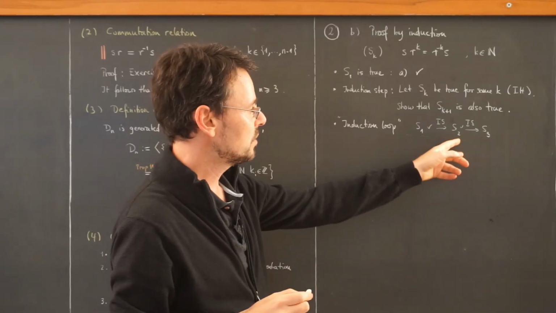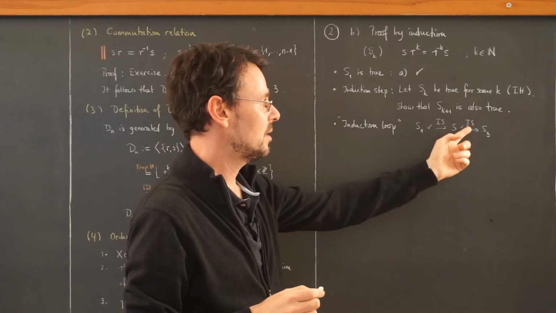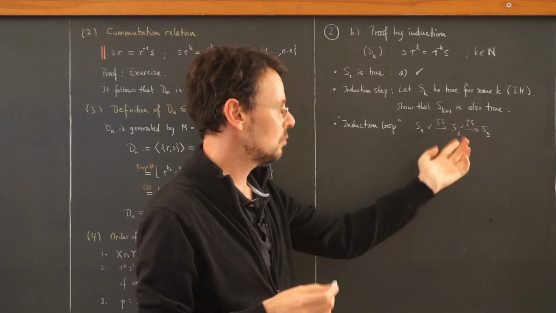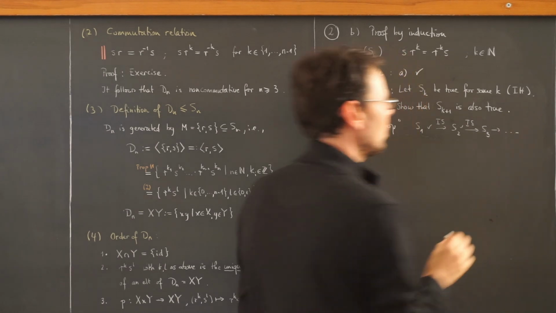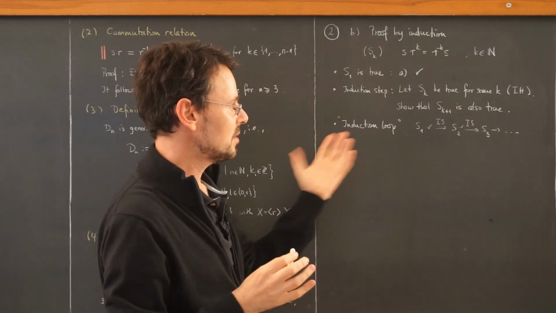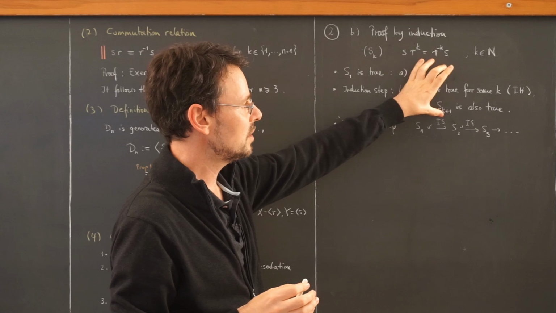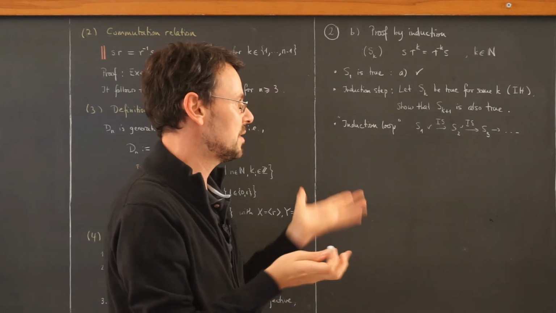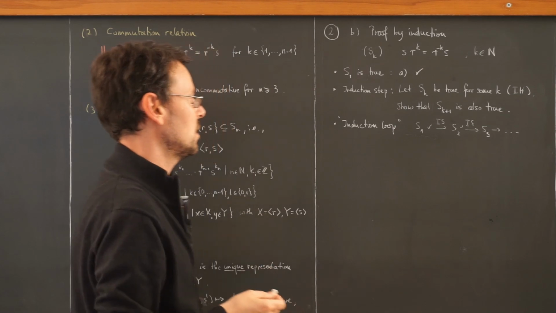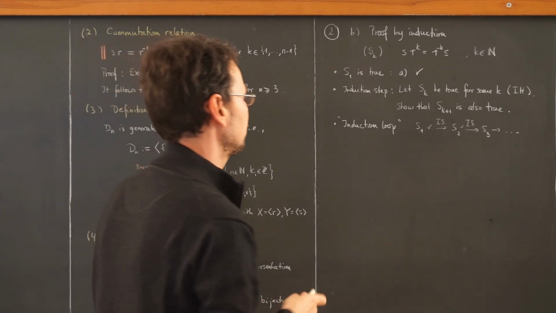Now, if S2 is true, then again by the inductive step, S3 is also true, and so on. And thus, by simply showing these two things here, we have proved this statement for all natural numbers. That's the beauty when you're using proof by induction.